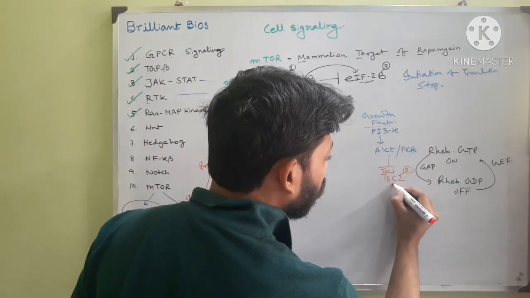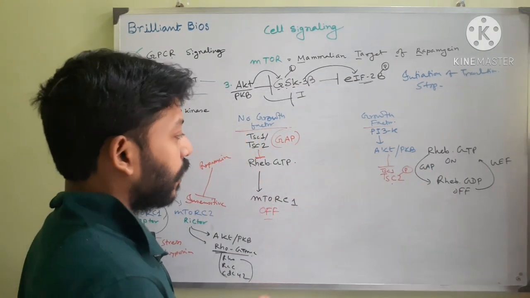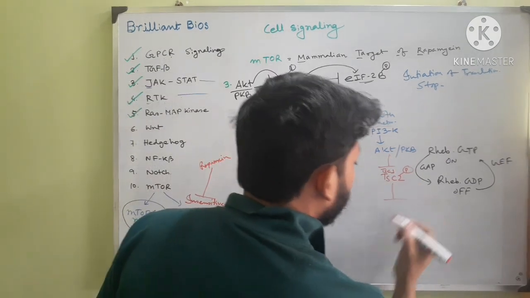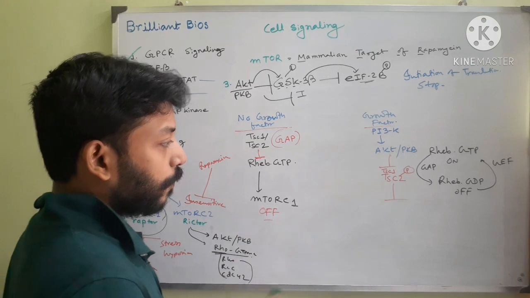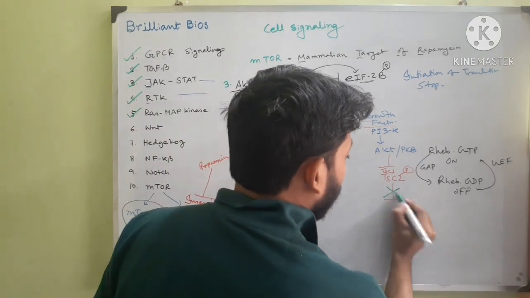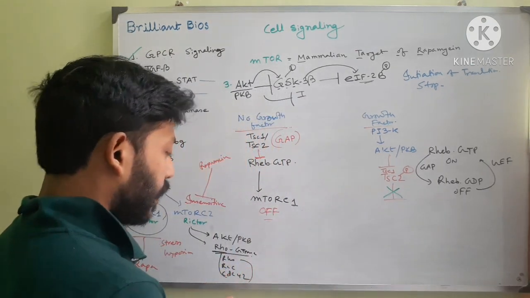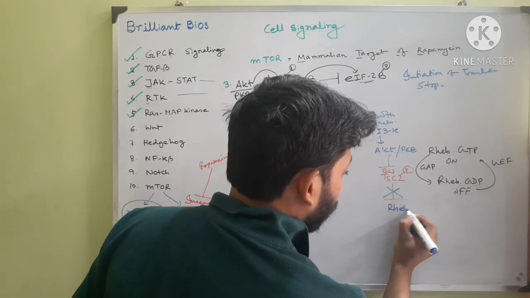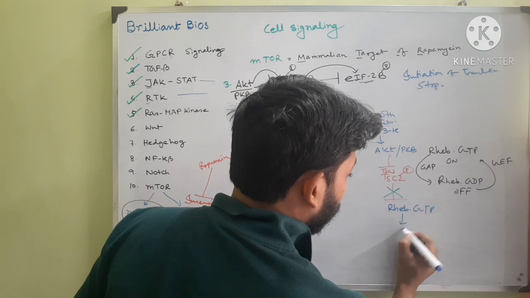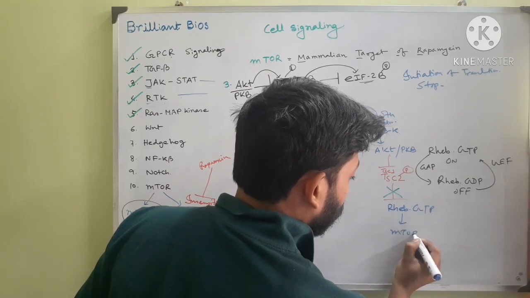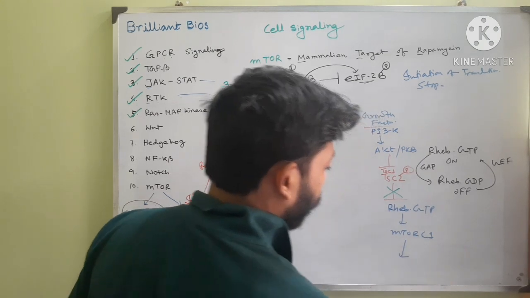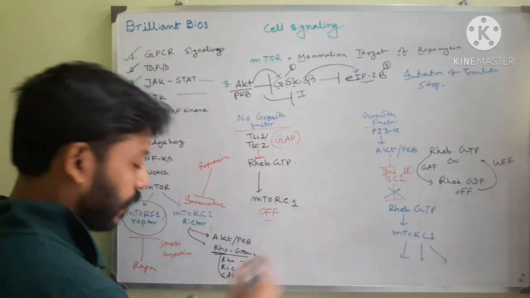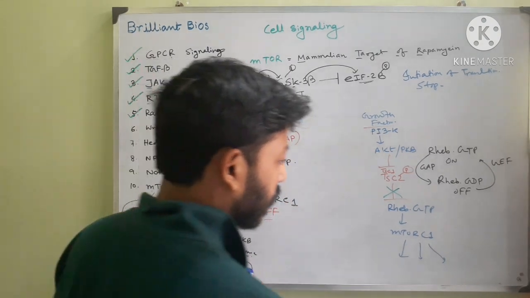Now this TSC2 no longer inhibits the RHEB protein. I am here mentioning in red color, it cannot prevent the inactivation of RHEB GTP. Now RHEB GTP activates mTOR C1, and then mTOR C1 can perform its function. I will show you 3 important functions that are performed by mTOR C1. Now the mTOR C1 is on.